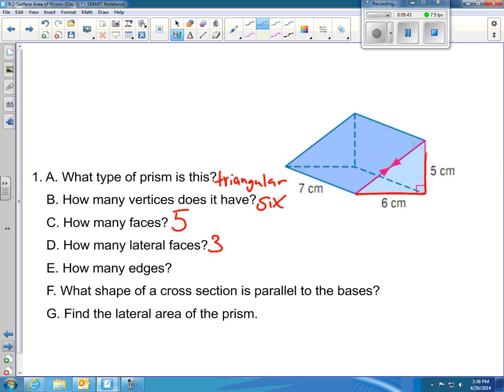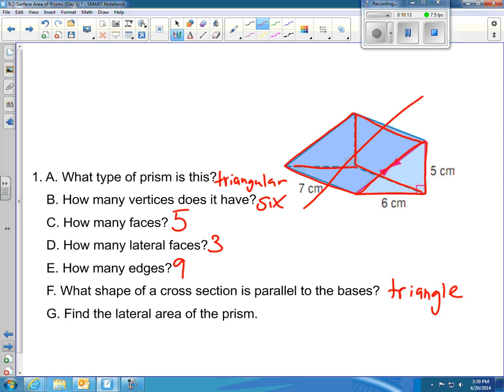So we have 1, 2, 3, 4, 5, 6, 7, 8, 9. We have 9 edges. Okay, what is the shape of a cross section that's parallel to the bases? So looking up at your notes that talk about cross sections, parallel ones are the base shape. So if we cut a triangle just like that, we're going to see it has a triangular shape.